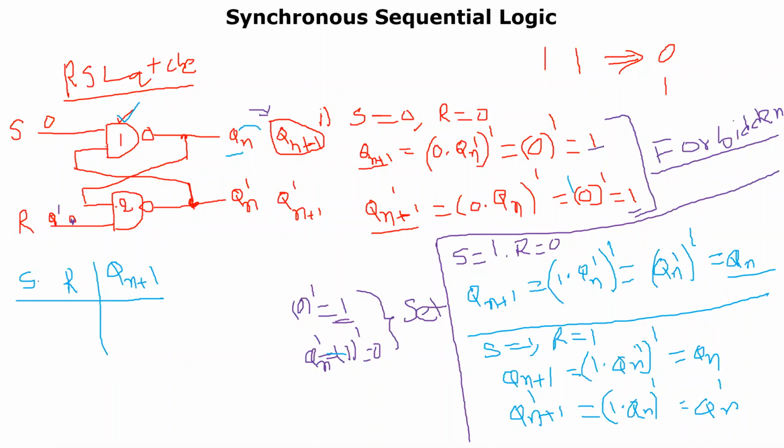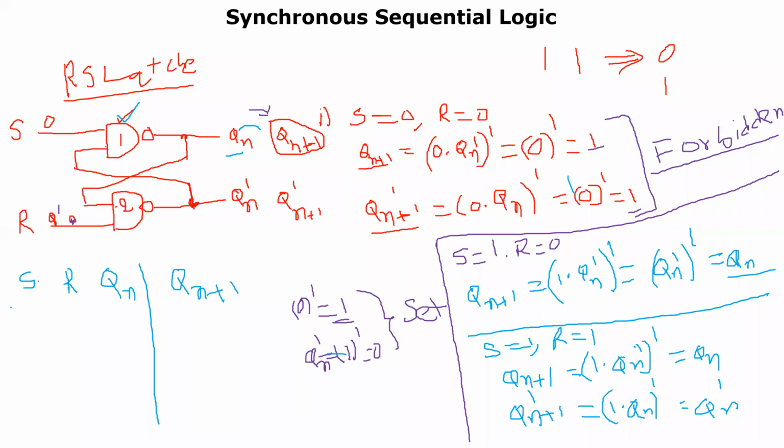In addition to this, we have one more thing available, so let me write that also. That is not important actually, but as a courtesy to mention that particular value, that is Qn. What is the present state, and what is the next state after taking some kind of input here?